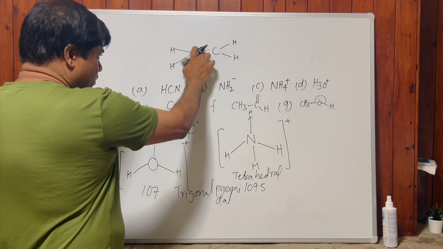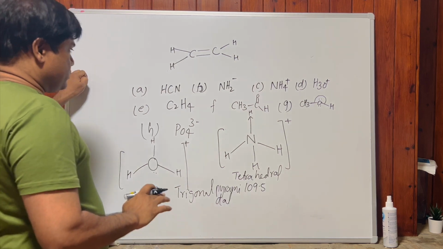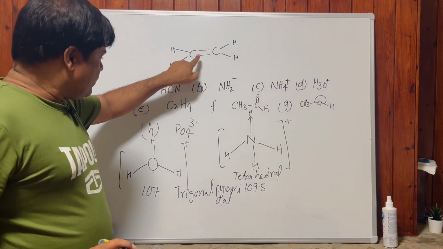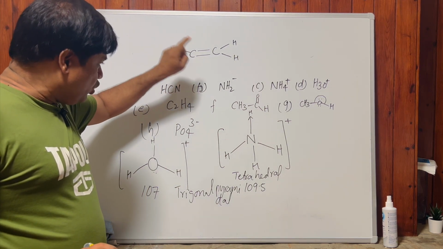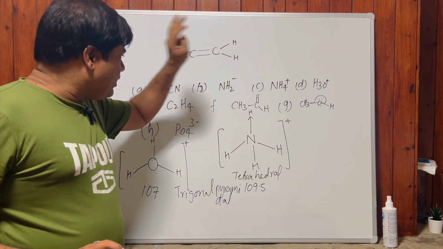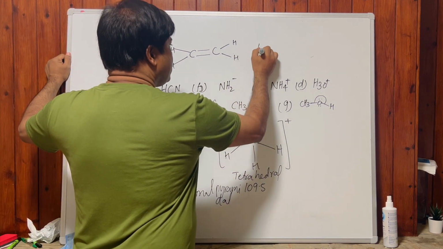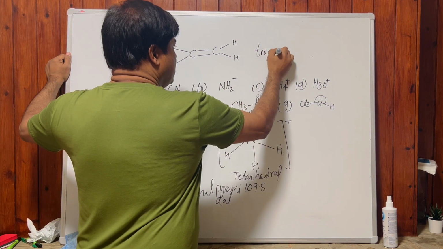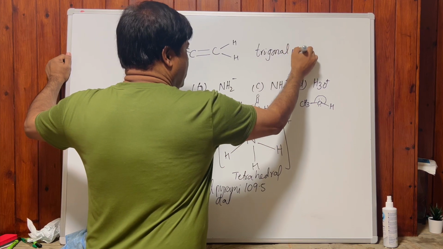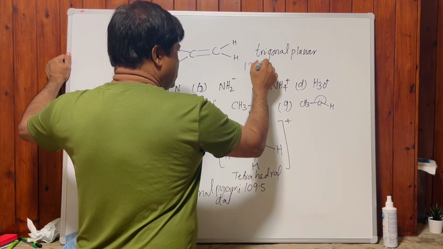Pi bond will not affect the bond angle and shape. So carbon has three bonded pairs of electrons and no lone pair, which is closely similar to BF3. So what's the shape? Trigonal planar, and bond angle 120 degrees.